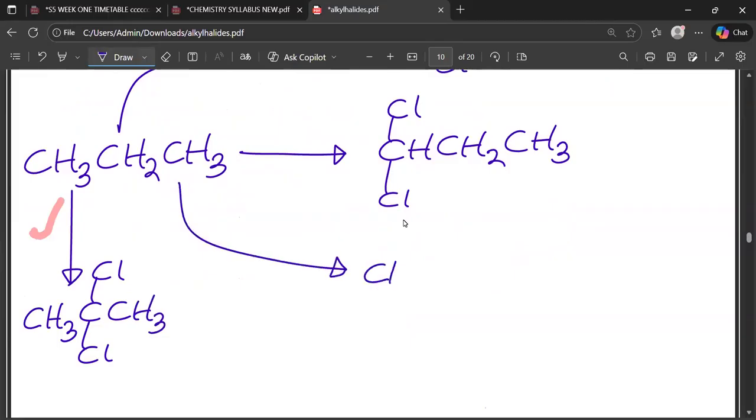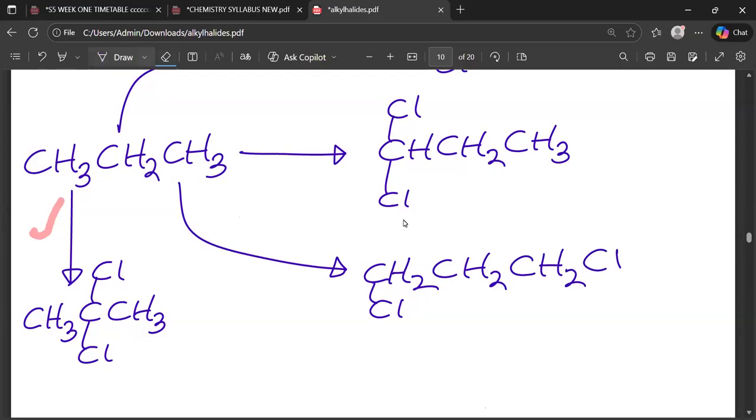Then we can have on the first one and the last one. First one can leave this one, and also have on the last one like that. Hope people know what we always replace.